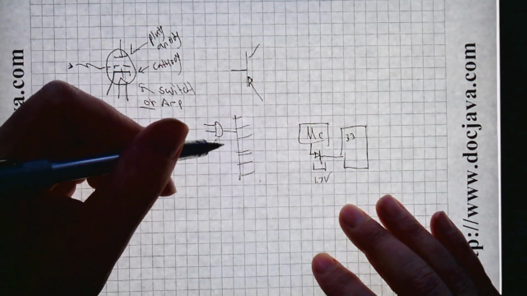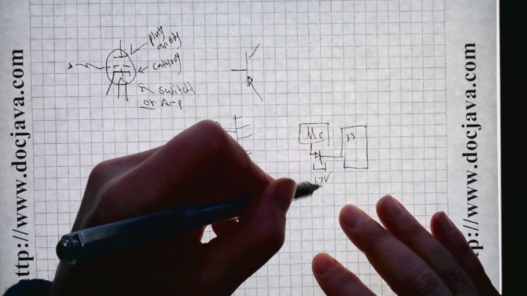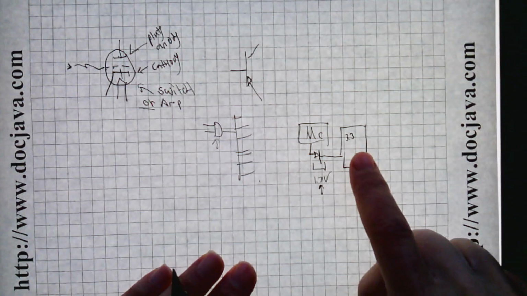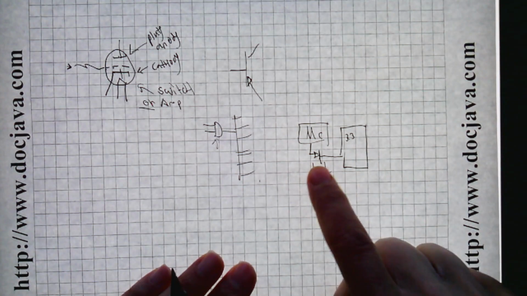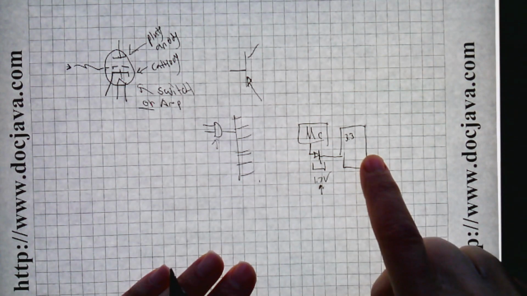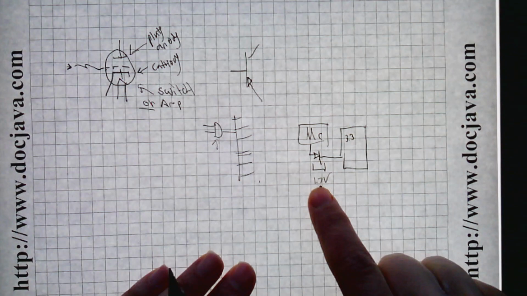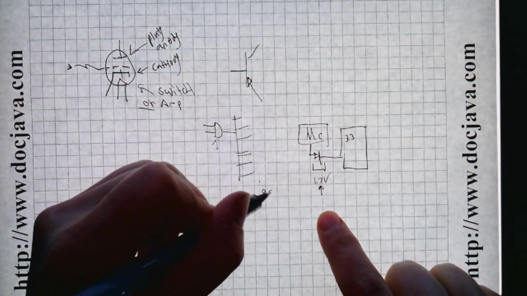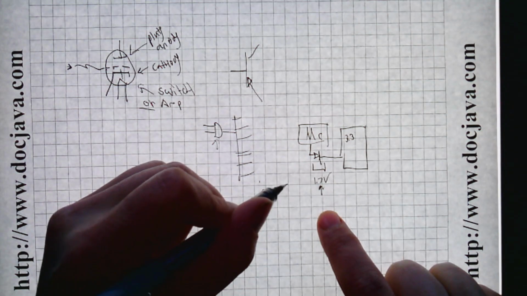But can it handle the power? And he said, I don't know. I said, well, wait a minute. You have to know that. Because if this thing is going to be driven by that diode, and this thing is going to take like 100 milliamps, and the diode has to sink 100 milliamps times 1.7 volts, then power is equal to current times voltage.